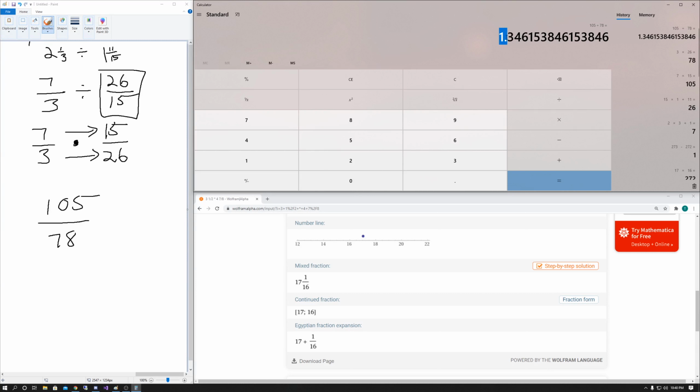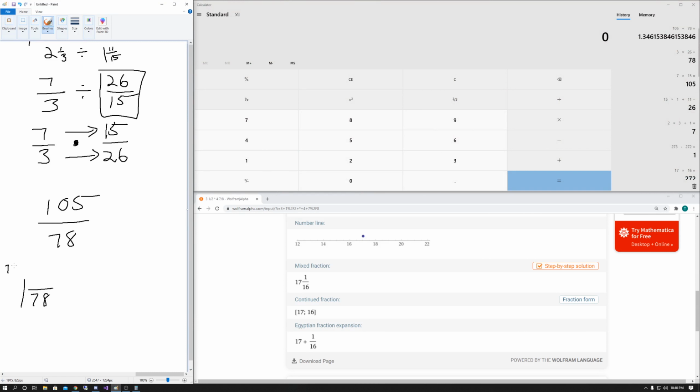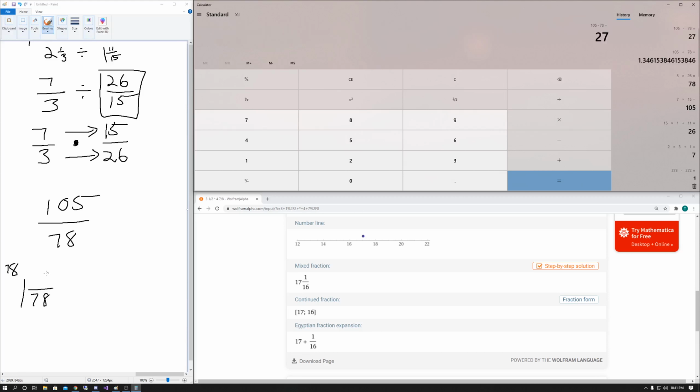We just care about the whole number, which is 1. Bring down the denominator, which was 78. 78 times 1 is 78, so let's just write that somewhere. And then we can take the original numerator, which is 105, subtract 78, because we're trying to find the remainder, which is 27.